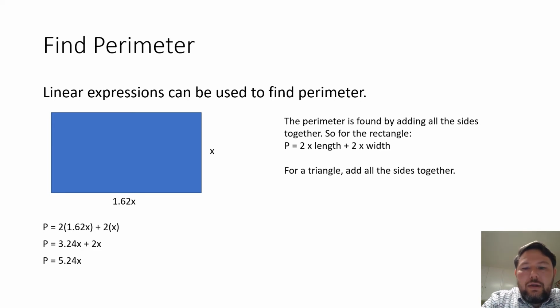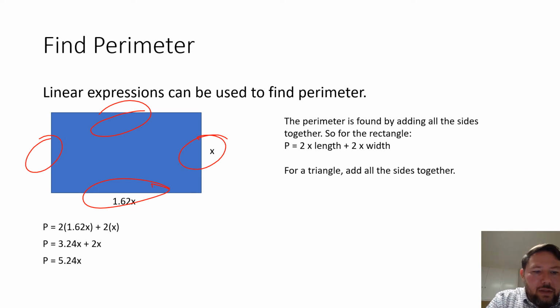So for this rectangle, it's going to be this side plus this side plus this side plus this side. Now, since it's a rectangle, we know that this side over here is also x, and this side up here is 1.62x.